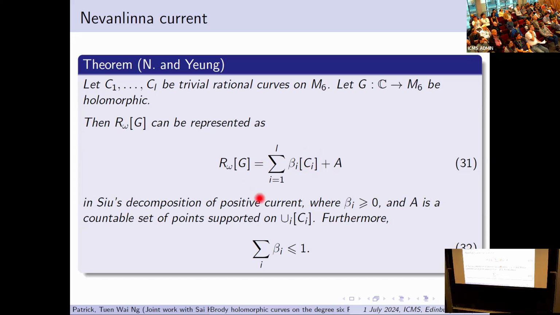So the linear current associated with a holomorphic map into the degree 6 Fermat surface has this representation. We are trying to use this to solve the degree 6 case. So I think I shall stop here.